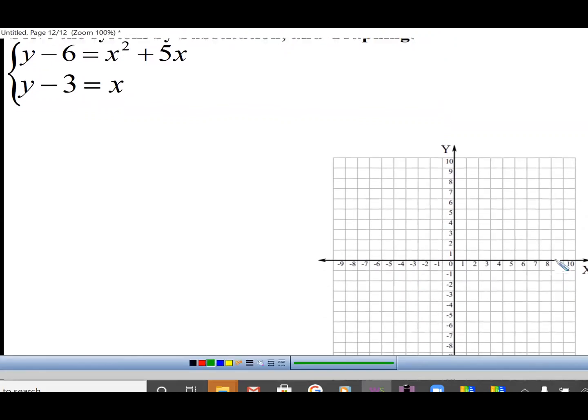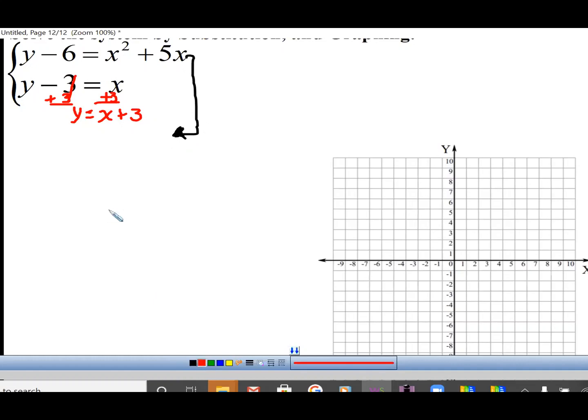Let me set this up really quick. All right, first things first. Solve one of the equations for one variable. Hopefully you solved the second one for y, so you added 3 to each side. And that left us with y equals x plus 3. From there, you took the first equation and rewrote it.